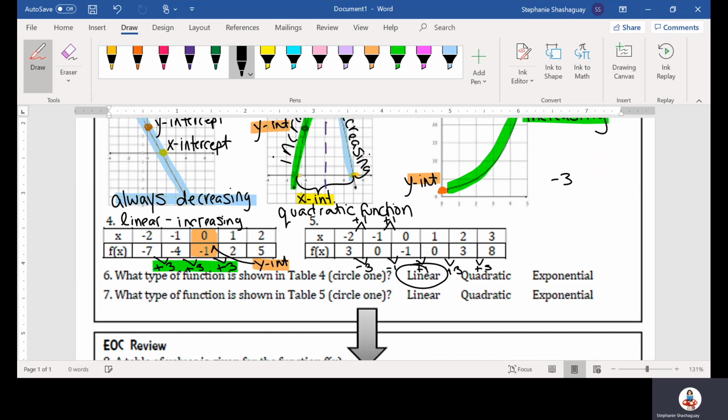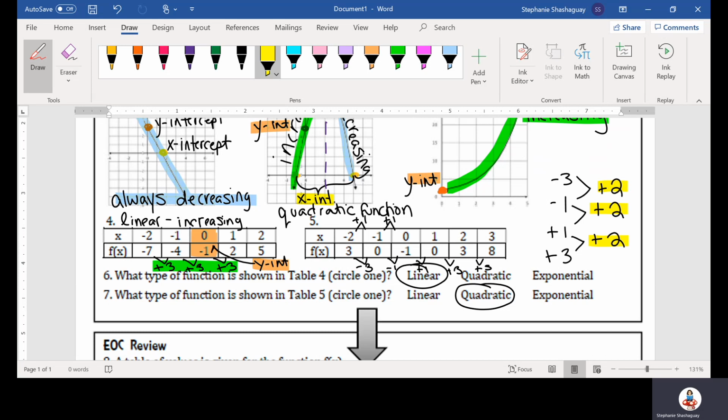I have -3, -1, +1, +3. And you'll notice if I look at the differences here, to go from -3 to -1, I added 2. From -1 to 1, I added 2. And 1 to 3, I added 2. So this is a quadratic function. And I can tell that because of looking at these second differences from the table.